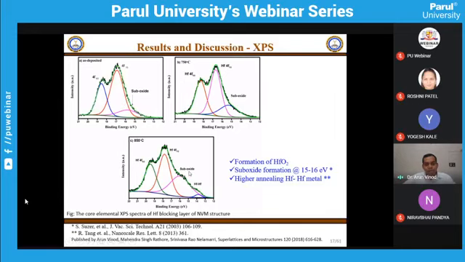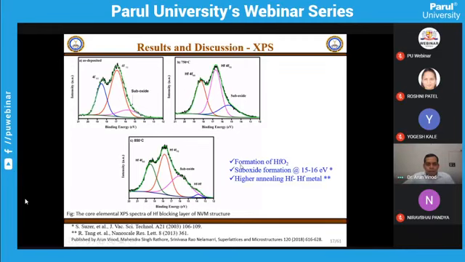From this, we can understand that HfO2 is being formed, and in the as-deposited case itself there is a suboxide formation, which is somewhat reported. But once we anneal the samples, the suboxide increases, and at higher annealing temperature there is also the presence of hafnium metal.